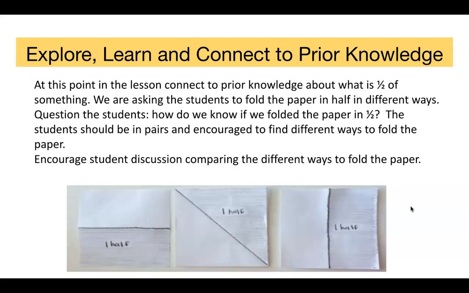So it's a good conversation to have, but does it really change the fact that we cut it in half? And no, it doesn't. So you want to encourage the student discussion, comparing the different ways to fold the paper.